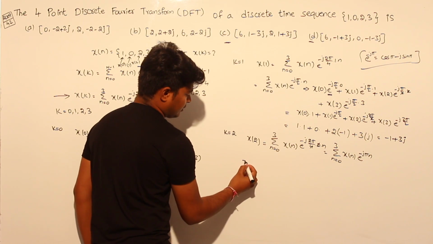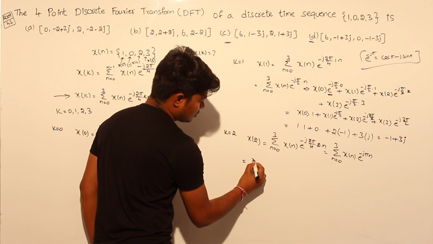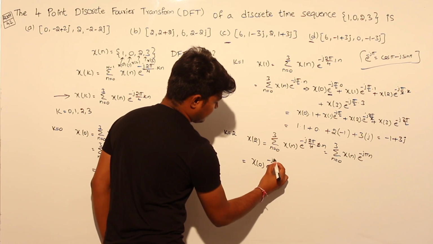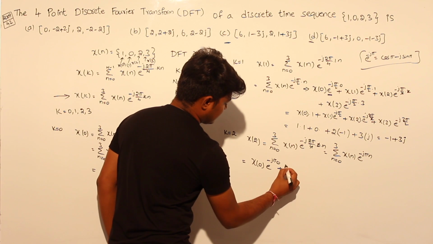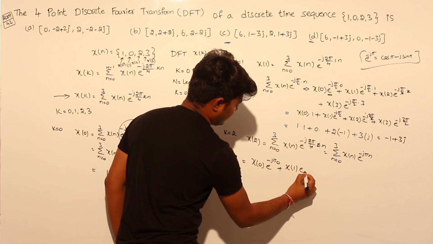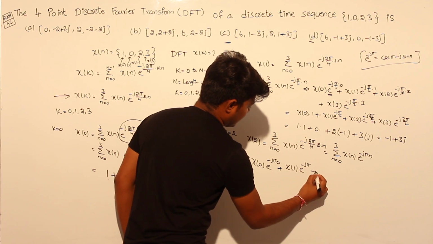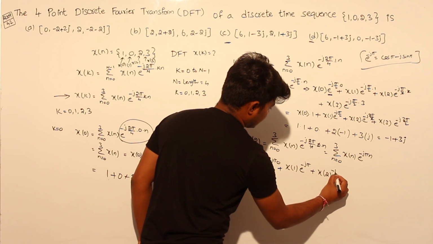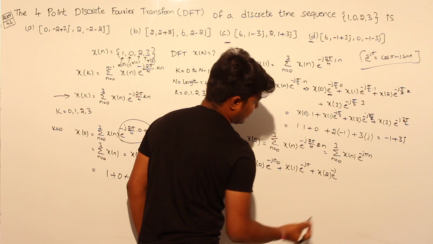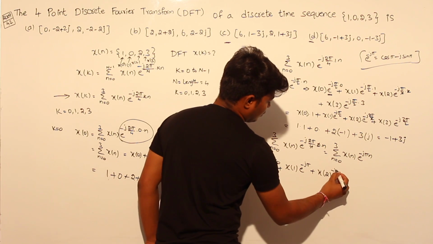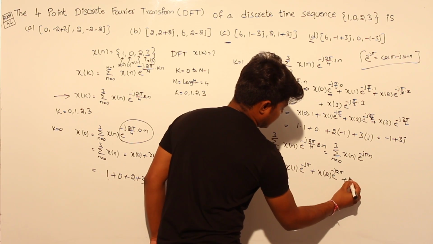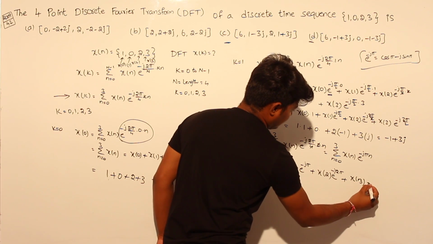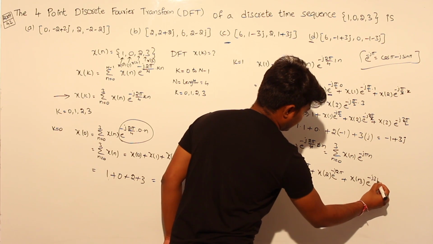So now we need to get the values for n. So x of 0 into e power minus j pi into 0 plus x of 1 into e power minus j pi plus x of 2 into e power minus j, in place of n you need to substitute 2, pi plus x of 3 into e power minus j 3 pi.